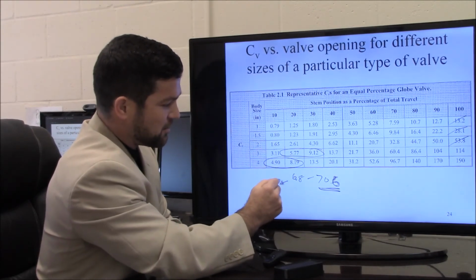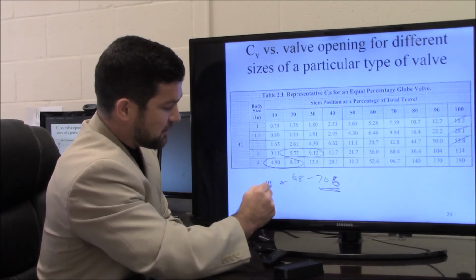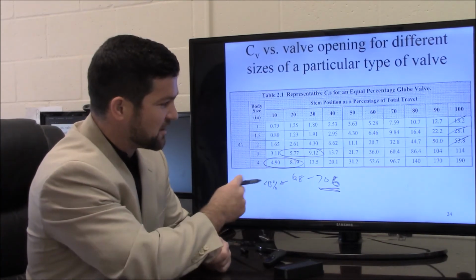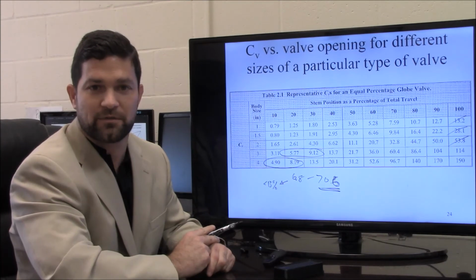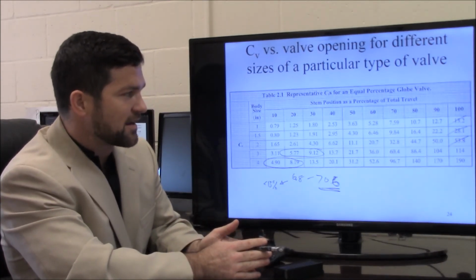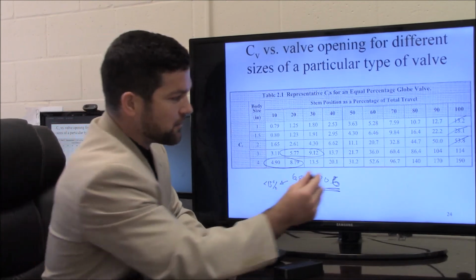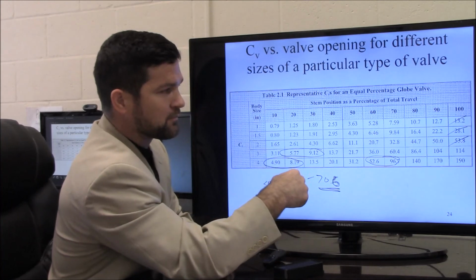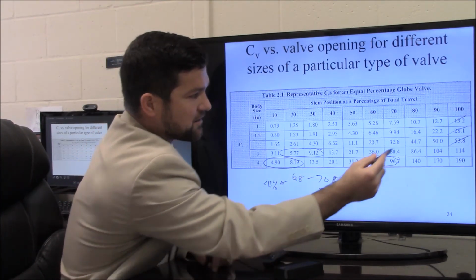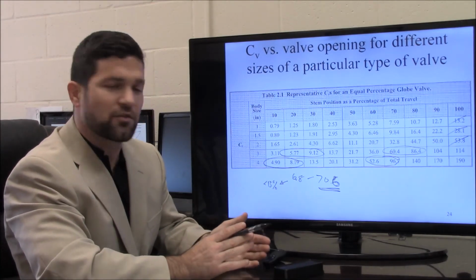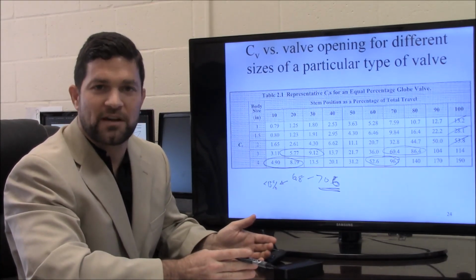Just as a rough idea, interpolating by eye, this is probably going to be less than 15% for that 4-inch valve. But also, one of the things I consider is that the CV at my maximum flow rate is going to be between here, 60 and 70%, whereas the CV max for the 3-inch valve is going to be up here. So the 3-inch valve is going to give me a little bit wider range of control.